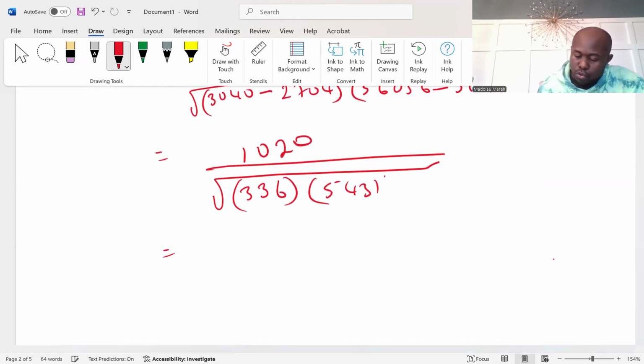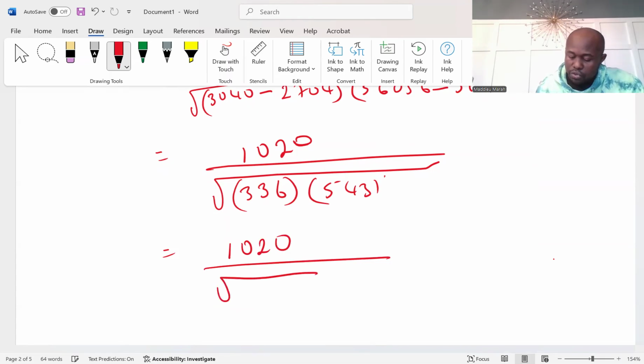We still have 1020 over the root of 336 multiplied by 5431, which gives me 1,824,816.